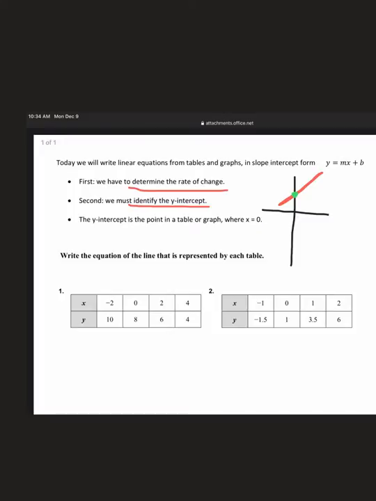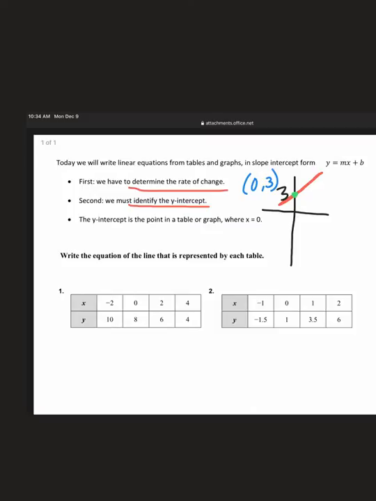So if, let's say on my graph, this was the number 3, how would I write that as an ordered pair? Sophia? It would be 0, 3.